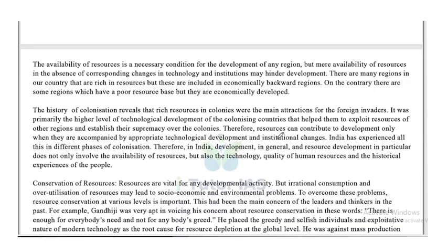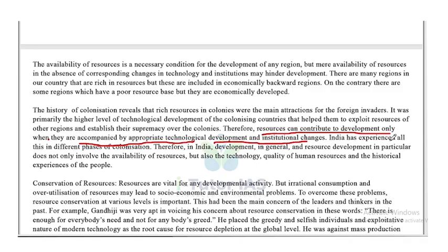Therefore, resources can contribute to development only when they are accompanied by appropriate technological development and institutional changes.